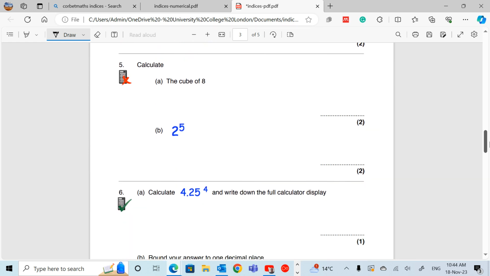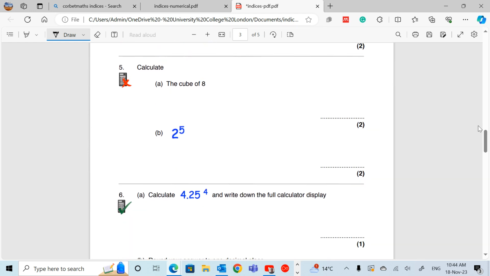Let's have a look at question 5. All non-calculator questions we're doing here, because we'll have a calculator one for indices on another video. The cube root of 8 is written like this. And you've got to work backwards now. It's asking you what number multiplied by itself 3 times gives you 8.